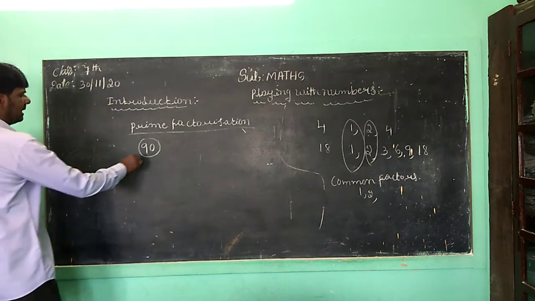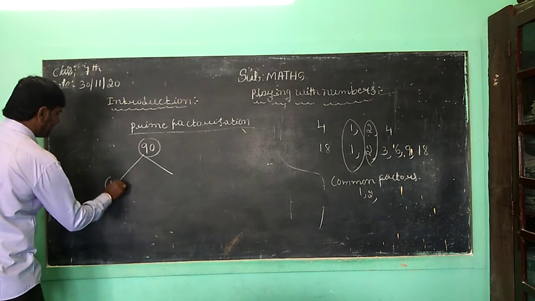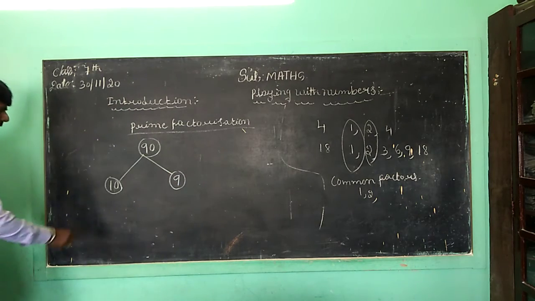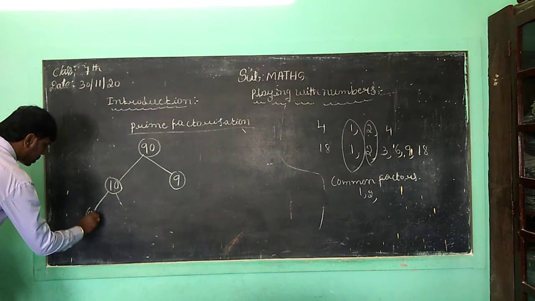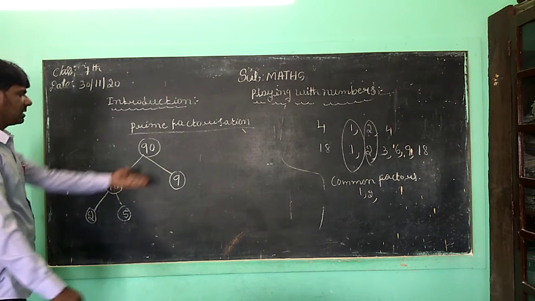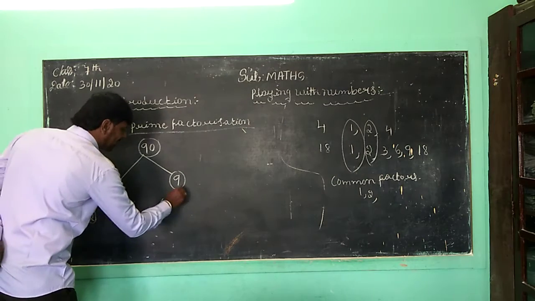Now we want to write here: this is 10, 10 nines are 90. And this 10 also we want to write, children: 2 and 5. Because these are prime numbers, you can leave them. See children, here also we write 3 threes are 9.